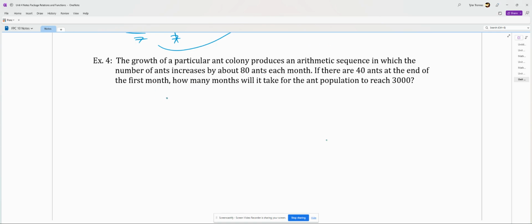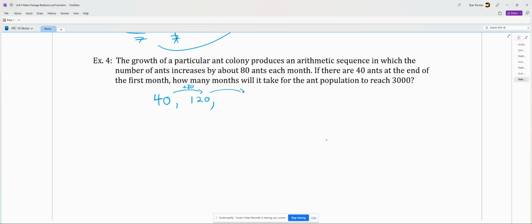So let's get a bit of a pattern to look at. It's starting at 40 ants in the first month, okay? And then it's increasing, it looks like by about 80, it says. So we're going to add 80 to that. So we're going to go plus 80. And that's going to give us a new population of about 120, it said.